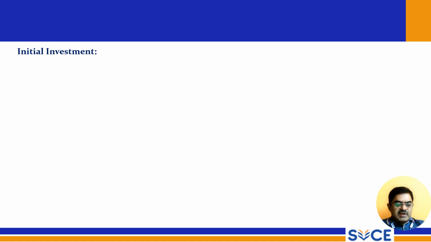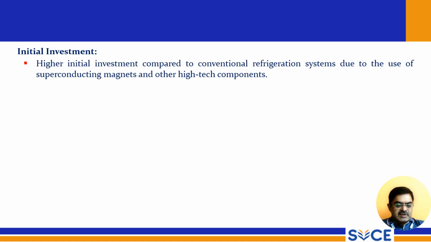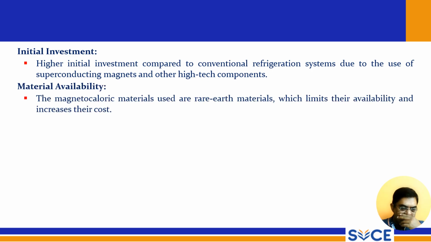So, initial investment: higher investment compared to conventional refrigeration systems due to the use of superconducting materials and other high tech components. So, this is the disadvantage, higher initial investment.